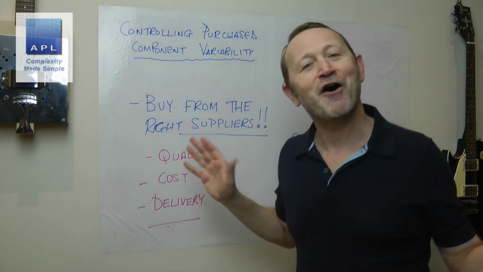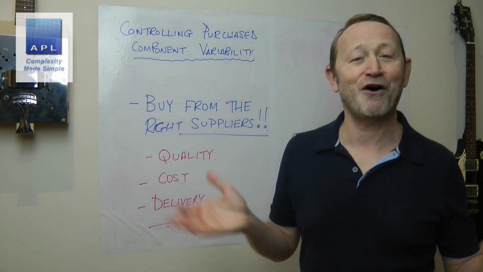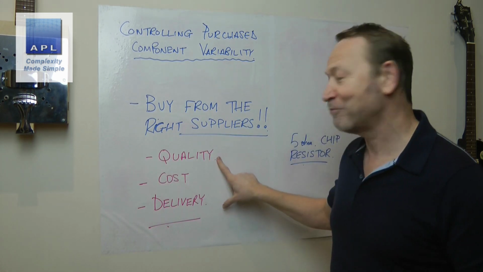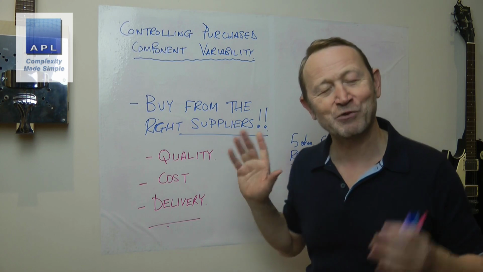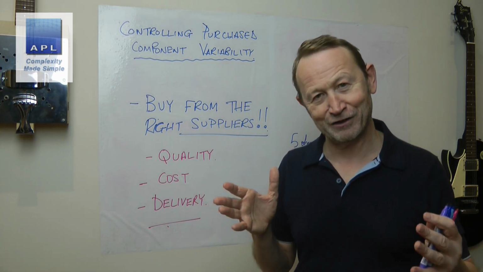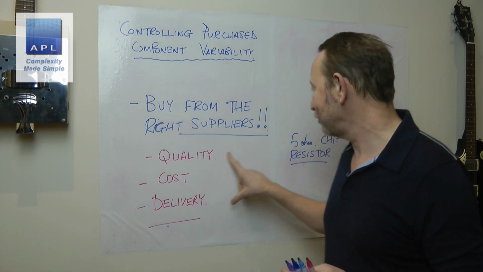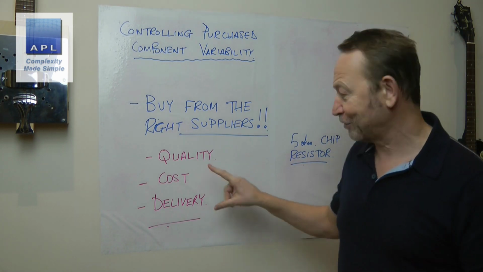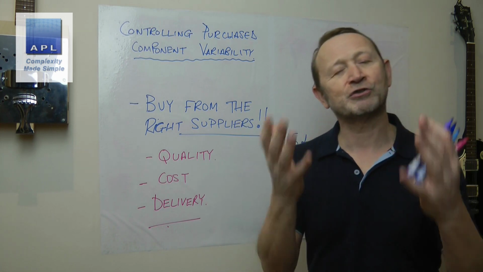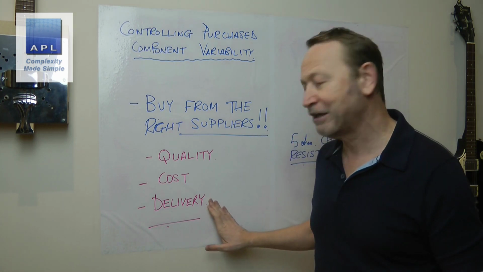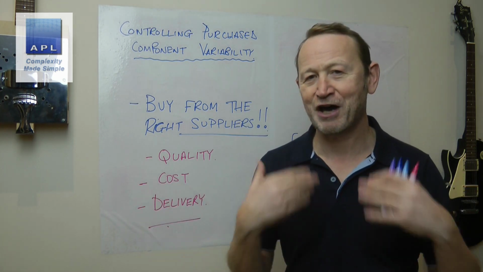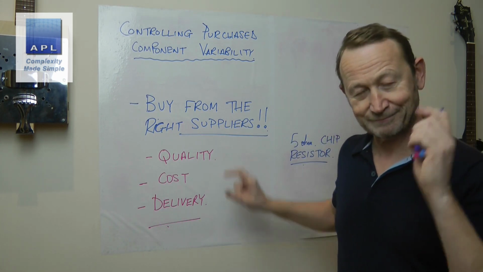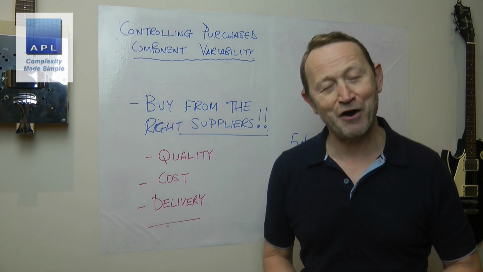So the car company that doesn't put doors on the car, doesn't put a roof on the car, doesn't put air conditioning on the car, they don't meet your quality requirements. You would never even visit that car company. Once you've decided they have the quality, then you can talk about the cost, and eventually you'll see whether they can deliver. You're not going to know about delivery until you engage them, but you can find out about quality and cost before you start, and you should.